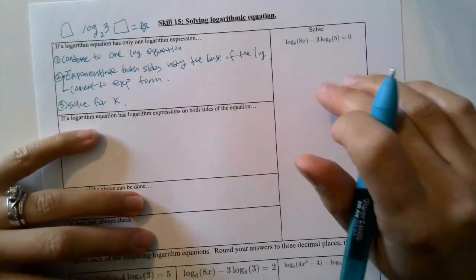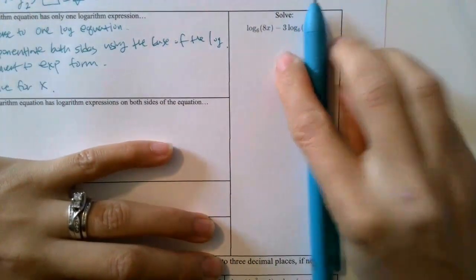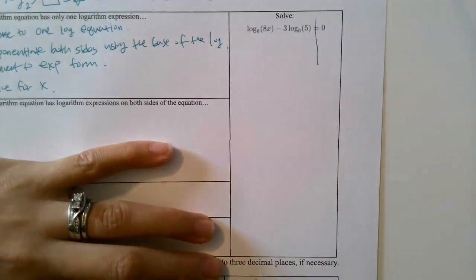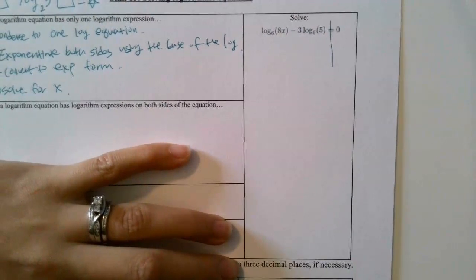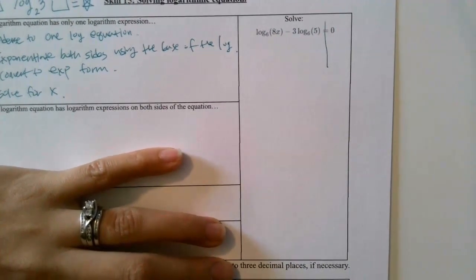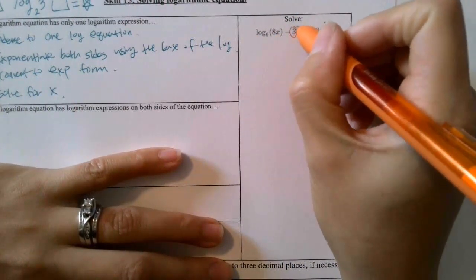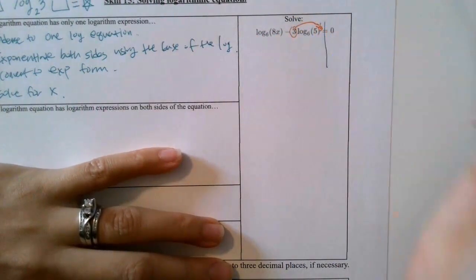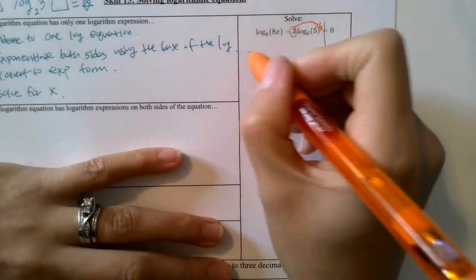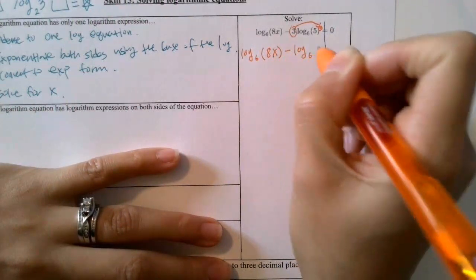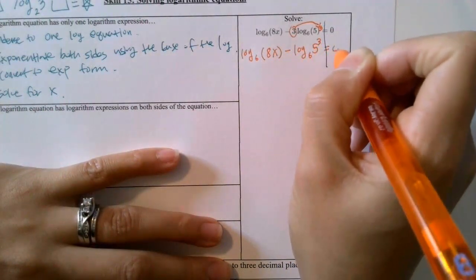So let's look at this example on the right side. If I draw a line here, I have log on one side of the equal sign, only on the left side. So step number one, I need to condense to one logarithm equation. I see the 3 over here, so I'm going to move that as an exponent of 3 using the property we learned last class to get log base 6 of 8x minus log base 6 of 5 cubed is equal to 0.